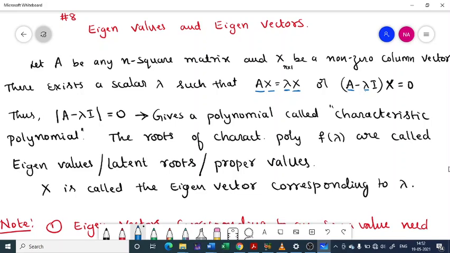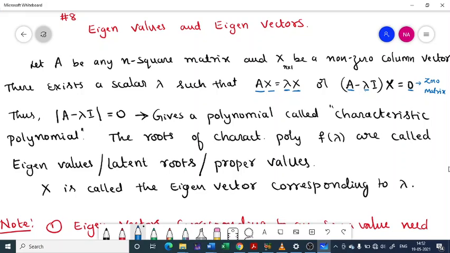Now here 0 refers to a zero vector or zero matrix, more specifically a zero column vector or zero column matrix. It is not just a zero, it is a zero matrix.